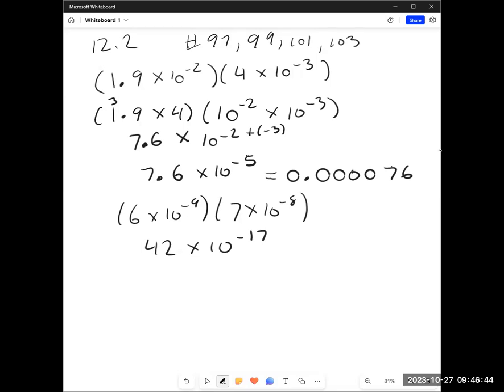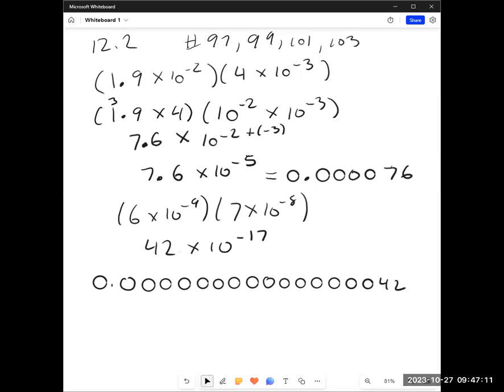When my decimal point is here to the right of the 2, when I move it back 17 places to the left, there's going to be 15 zeros in front of that 4. 2, 3, 4, 5, 6, 7, 8, 9, 10, 11, 12, 13, 14, 15, 4, 2. It looks like that.